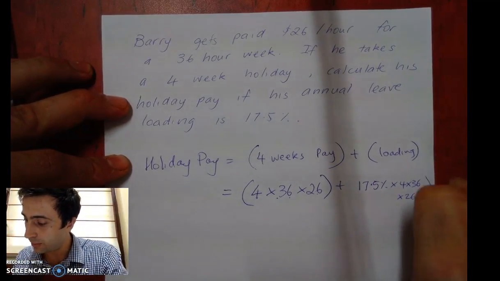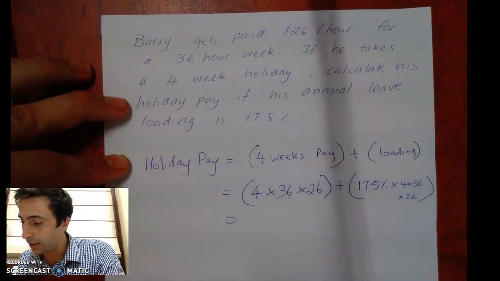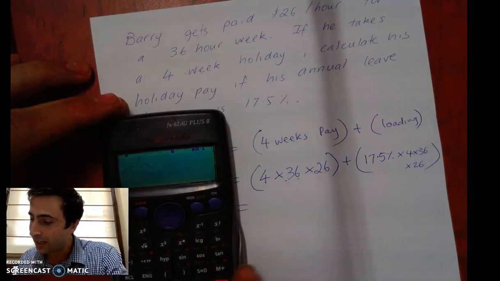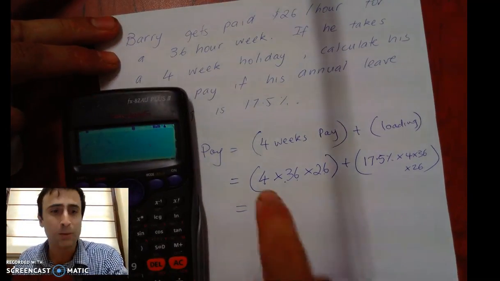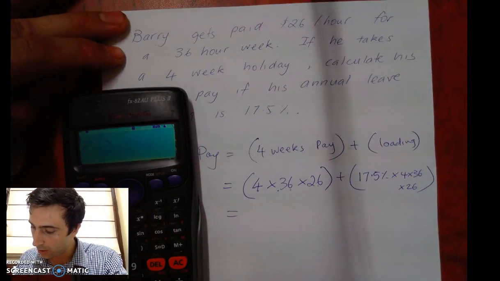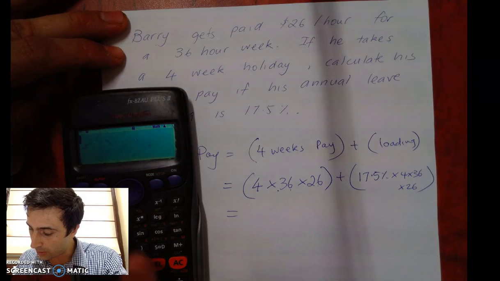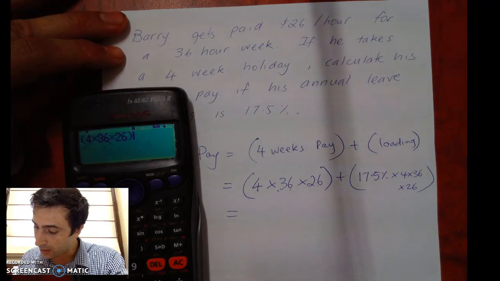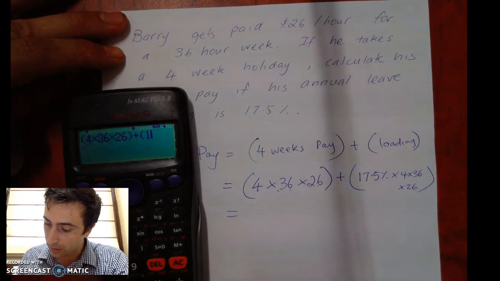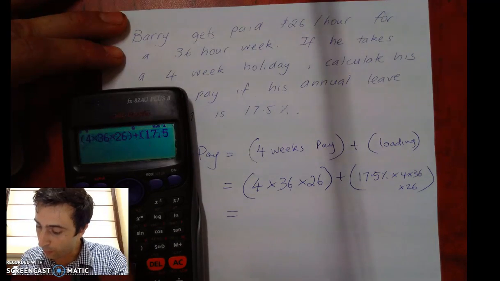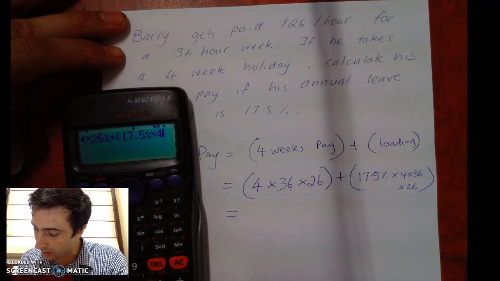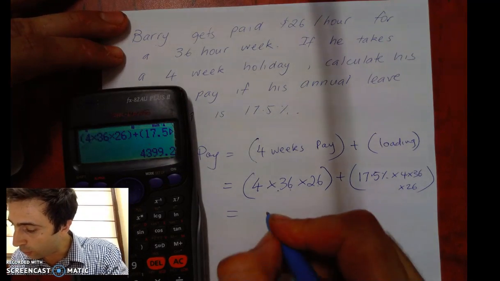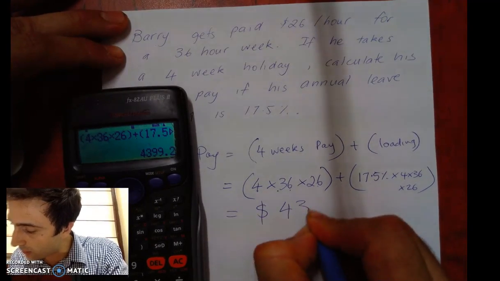Let's whack it into the calculator. The beauty of this is that this line can go straight in, you press equals, and you've got your answer. So, bracket, 4 times 36 times 26, close bracket, plus 17.5% times 4 times 36 times 26, close bracket, press equals, and we end up with $4,399.20.